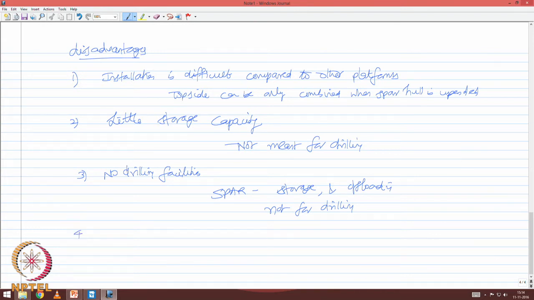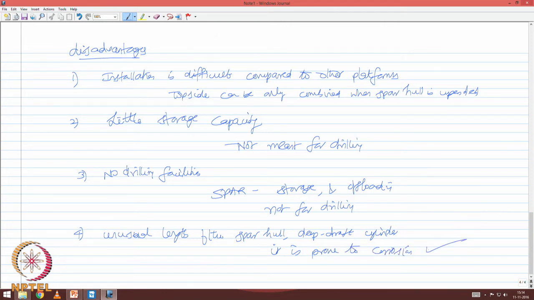The fourth demerit is because of the unusual length of the spar hull, or what we call a deep draft cylinder, it is prone to corrosion. That is the problem.